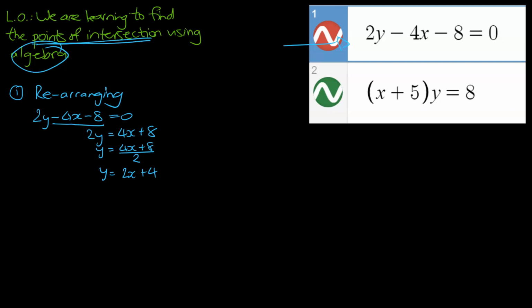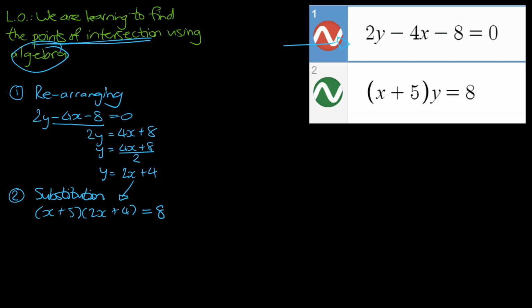We can now substitute that in as our second value of y in the hyperbola equation. So that's our second step, substitution. So let's put that in. So we've got x plus 5, and we put in the y now, 2x plus 4. So that's where that came from.